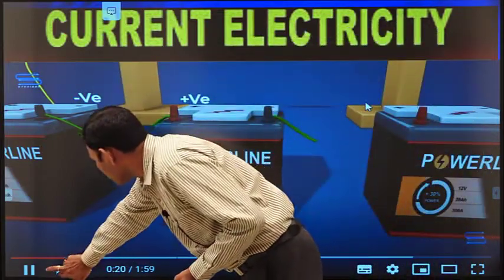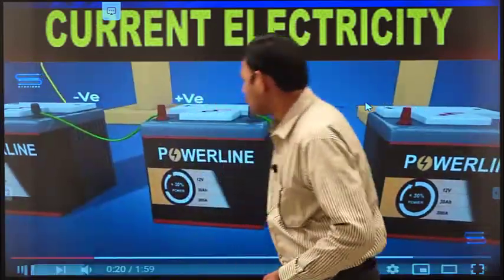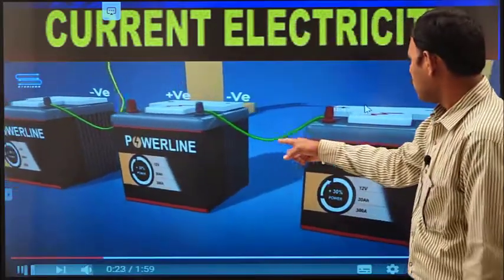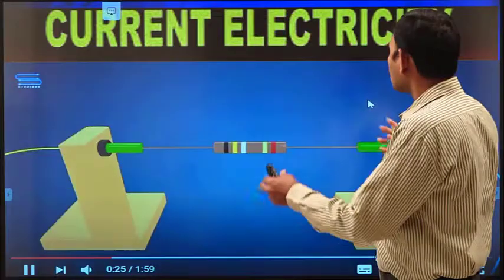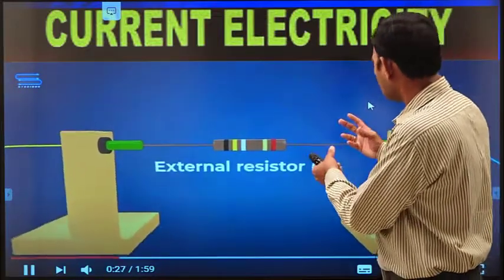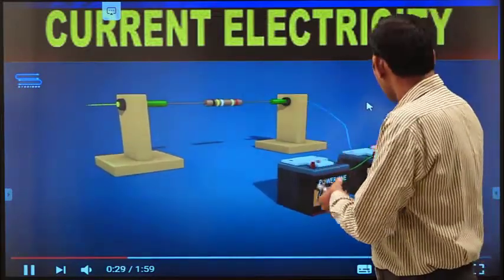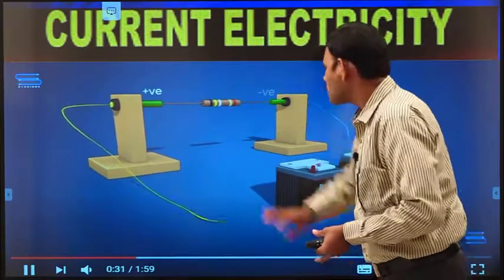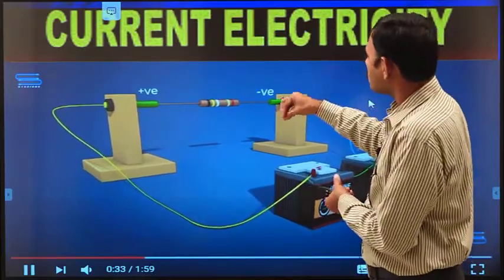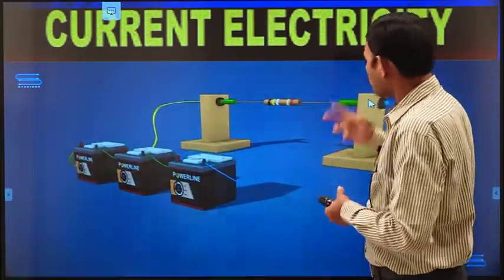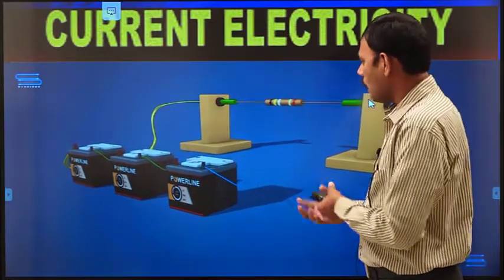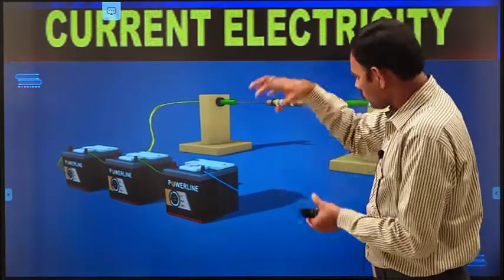That connection gives sufficient energy. Then that combination of cells is connected to an external resistance, so that we get the required energy and we do work. So to obtain the required energy from cells, we need a combination of cells.